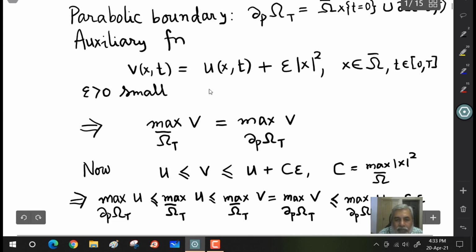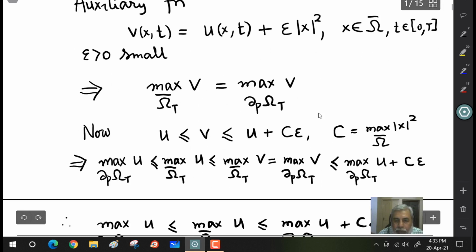To assert the same thing for the function u, we have to just observe the following facts. By the definition of v, we have this relation between u and v. So u is obviously less than or equal to v, and v in turn is less than or equal to u plus some constant times epsilon, where this constant is the maximum of |x|^2 taken over Omega bar.